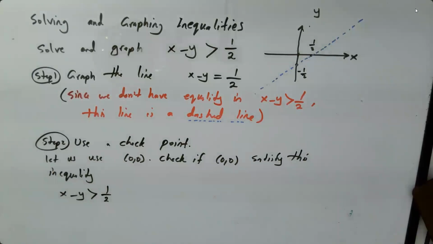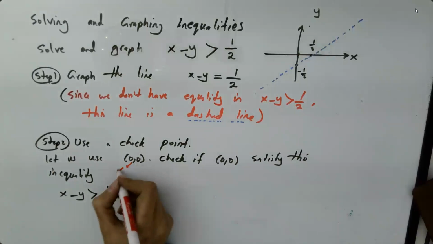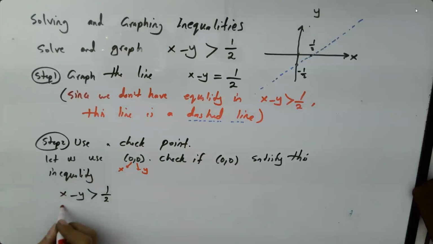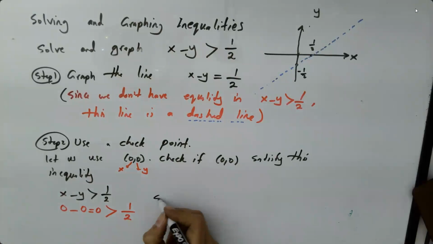What's the meaning of that? Well, my x is 0, my y is 0, just plug them in here. On the left-hand side, you have 0 minus 0, which is 0. Is 0 larger than a half? Of course not. So this is your conclusion.